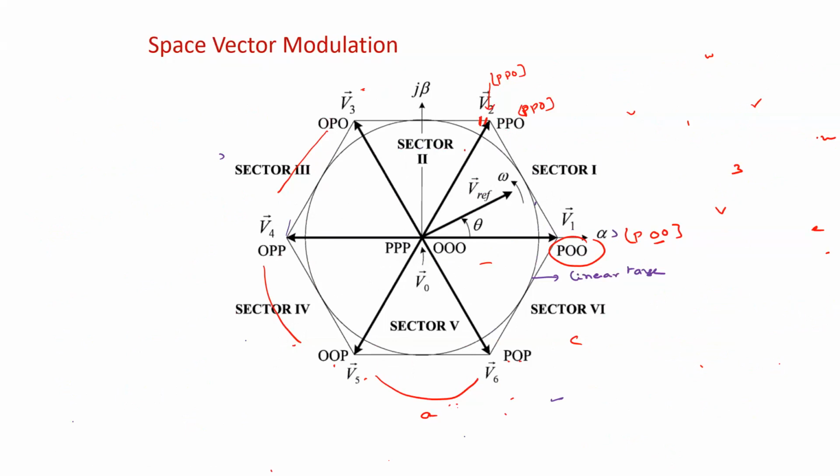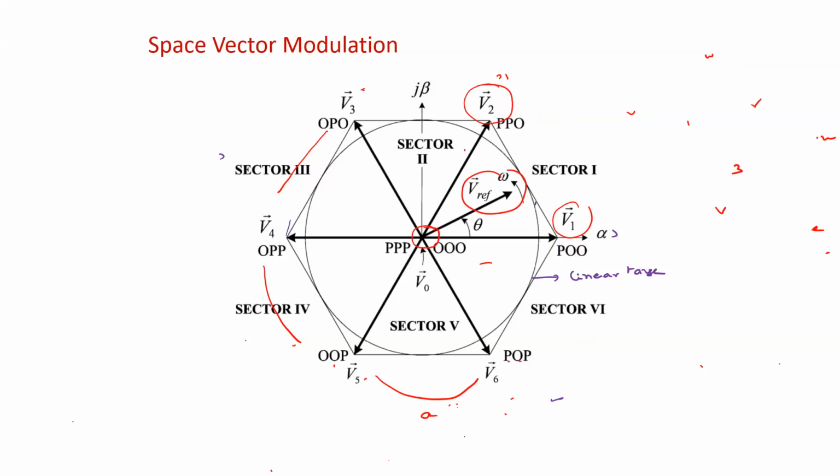So now in sector 1, what you identified is which vectors are responsible for generating this V reference. So the nearest vectors V1 and V2 are responsible for generating this V reference, right? Anyway, we'll consider the zero voltage vector to reduce the switching losses.